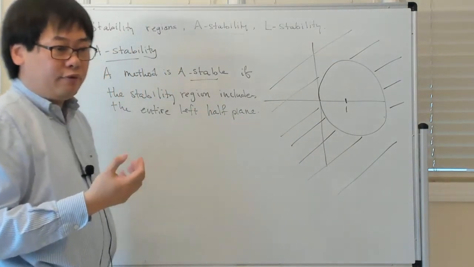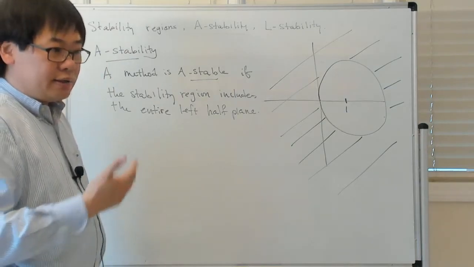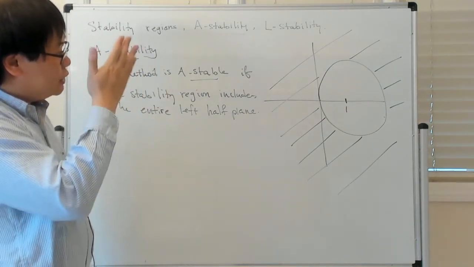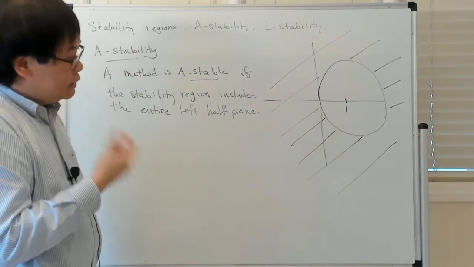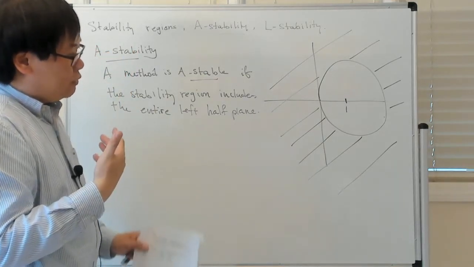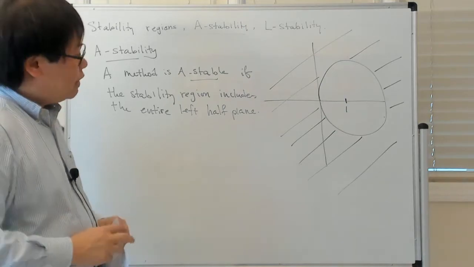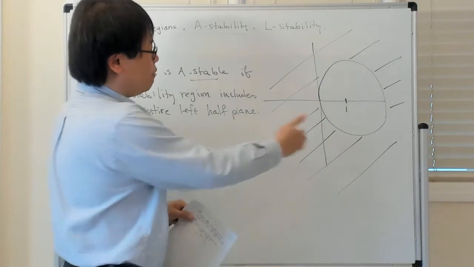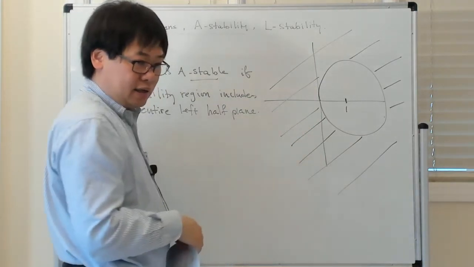And as I said before, if lambda on its own is in the left half plane, that corresponds to exact solutions for which the origin is stable. If you let h be any positive real time step, then h times lambda will remain in the left half plane as long as lambda is in the left half plane.